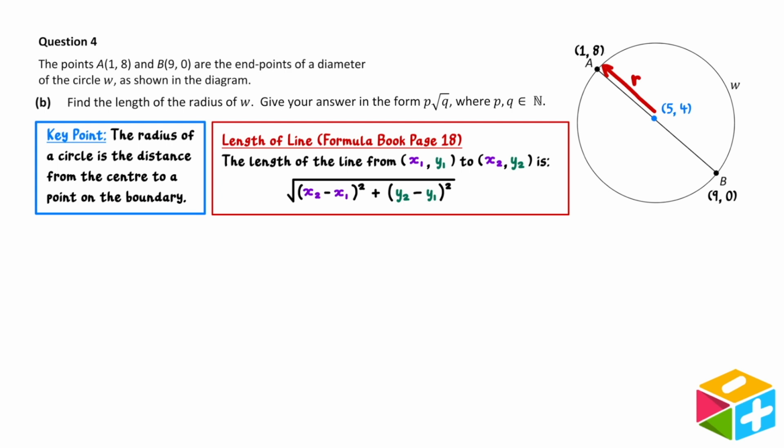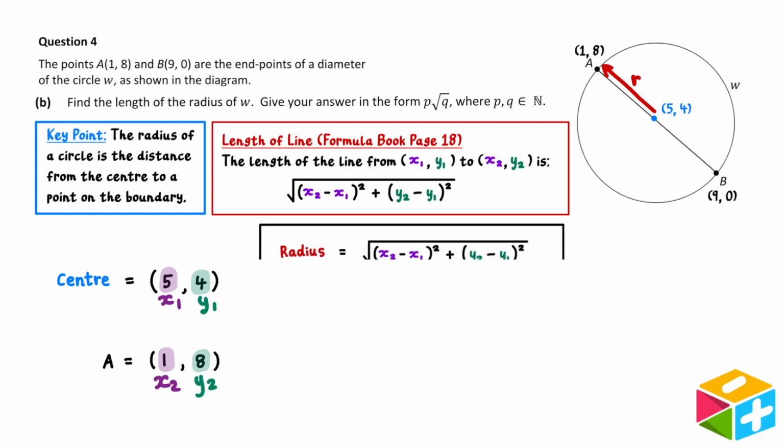We want the length of the line from the centre, 5, 4, to A, 1, 8. We'll label our first point with x1, y1. So here, x1 is 5 and y1 is 4. We'll label our second point with x2, y2. Here, x2 is 1 and y2 is 8.